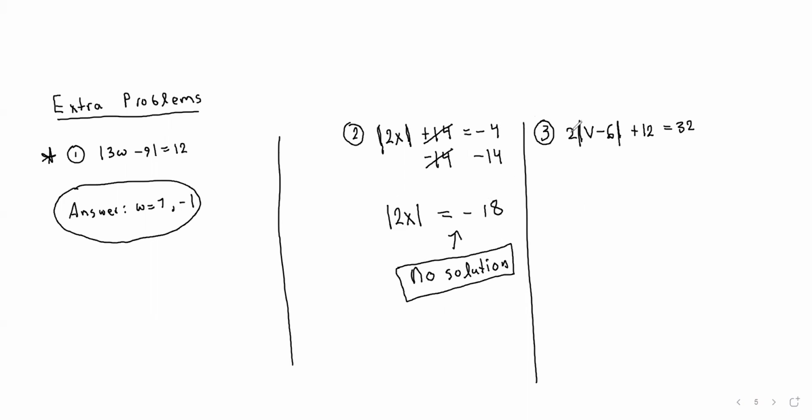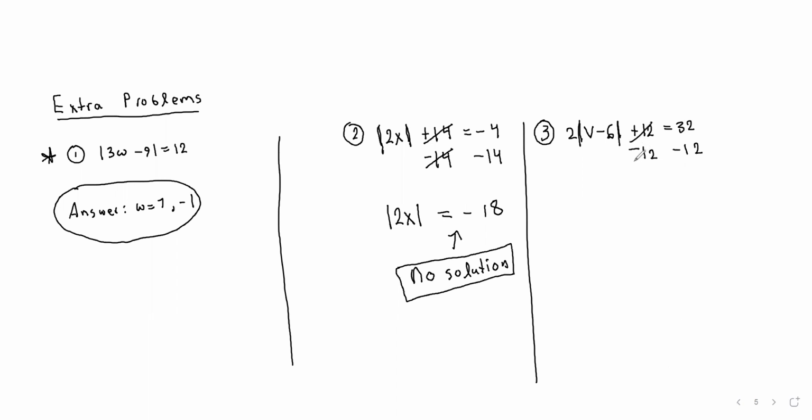So let's work on problem 3. We have 2 times the absolute value of v minus 6, plus 12, is equal to 32. This is like problem 4 from the previous examples. So we want to get rid of this 12 and the 2. First I'm going to subtract the 12 from the left and the right.